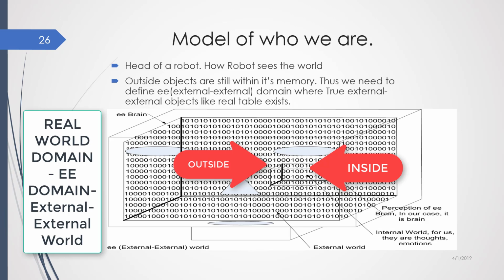The domain of physical objects where the table, chair exists, we call it external world. The reason we call it our external world is that for the robot, this is the internal world, and this is the external world that the robot is unaware of.